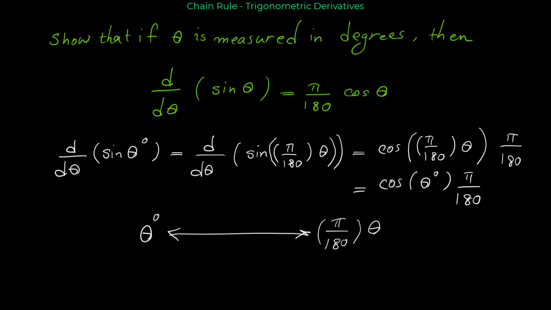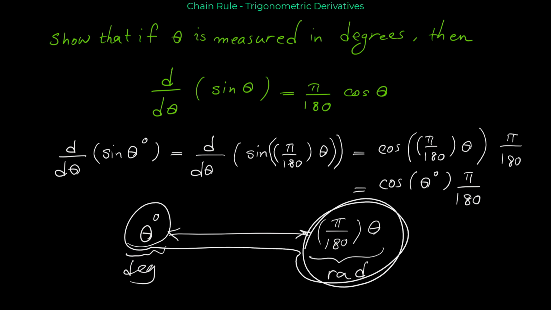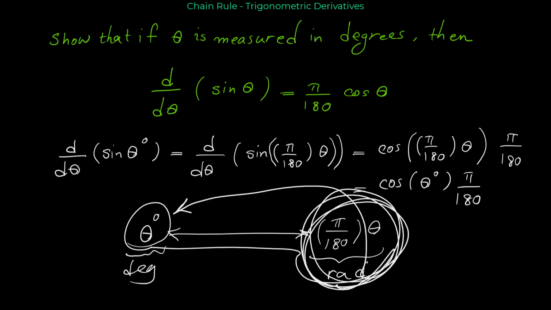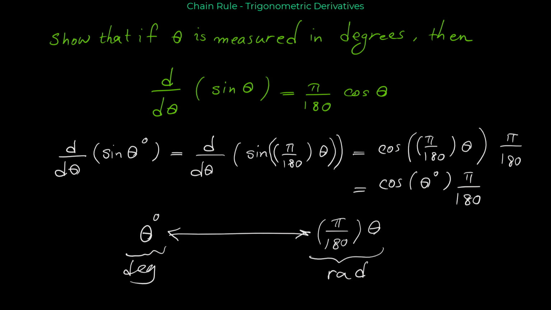Attention to here: this angle is in radians, and this is in degrees. From degrees to radians, we multiply by pi over 180, so this angle is equal to theta degrees. So instead of all of this, we can just put theta degrees.